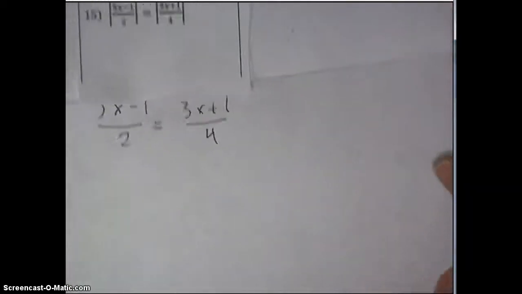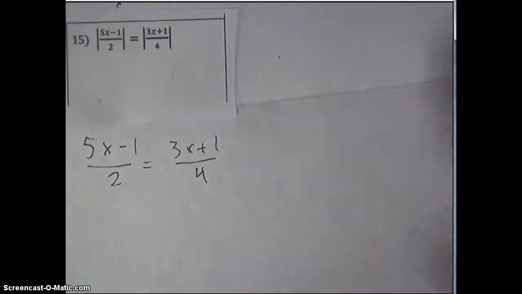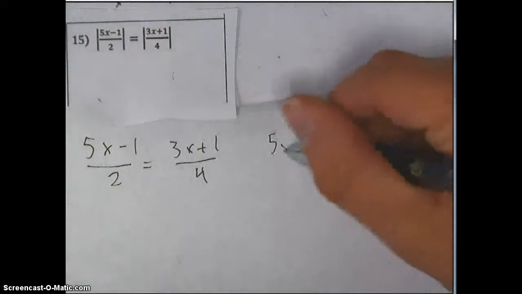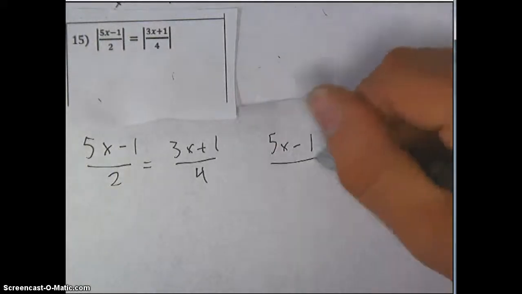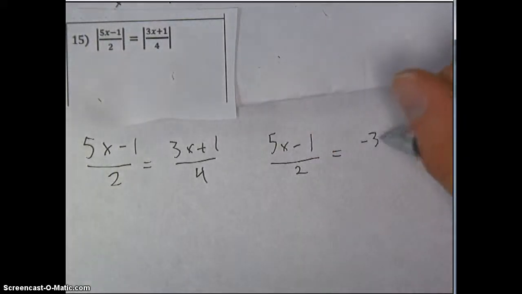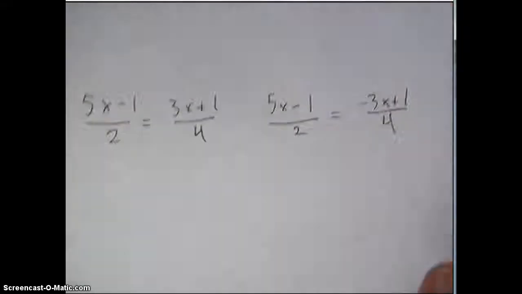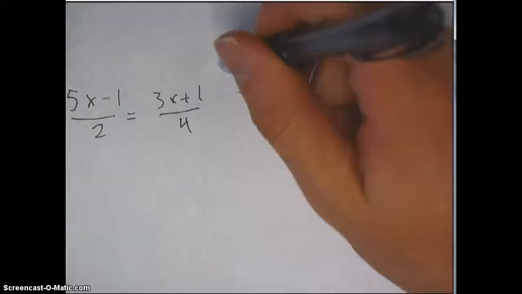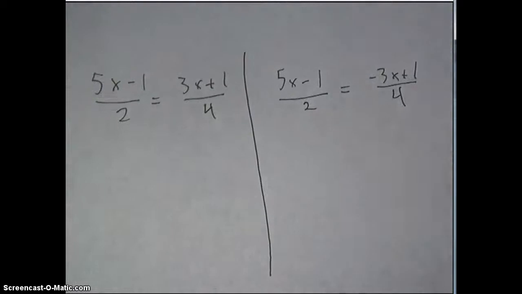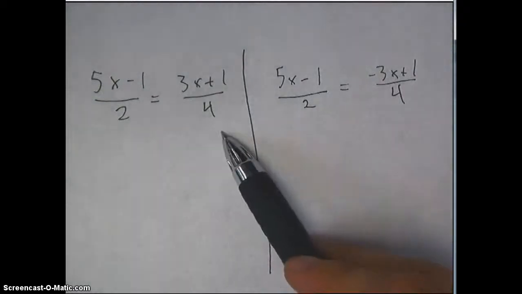And also, I'm going to do the positive and negative just like before. 5x minus 1 over 2 equals negative 3x plus 1 over 4. So I'm going to solve these one at a time. I'm going to do this one first.